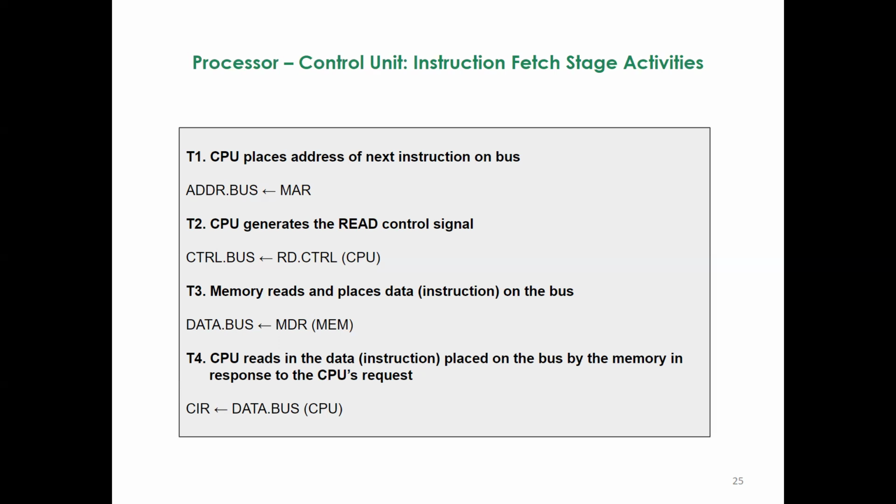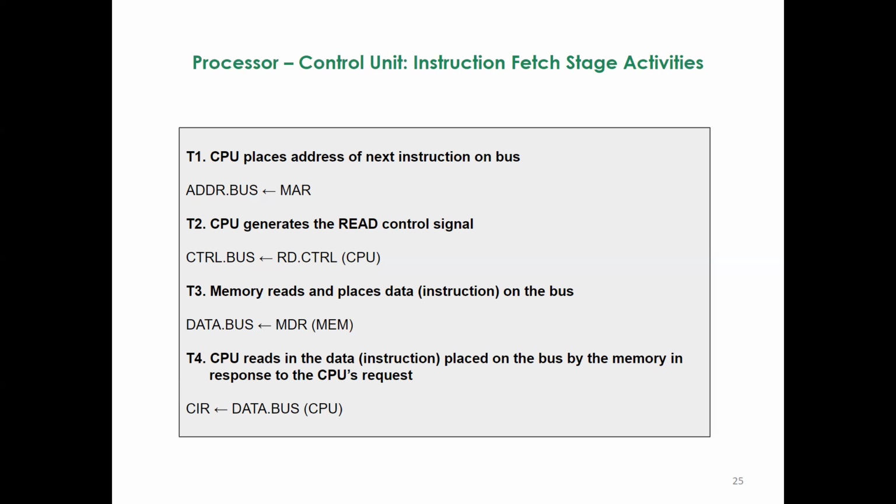So the CPU will generate a read control signal. The CPU writes the read control signal on the control lines, and that will be read or heard by memory. Memory thinks, okay, the CPU wants me to read from this address on the address lines.